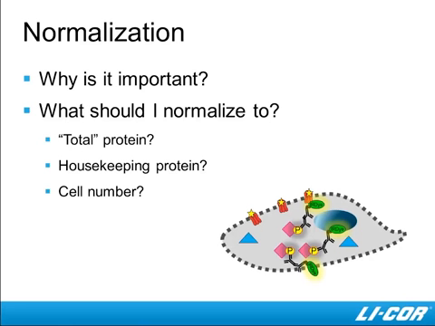The first two options are typically let's normalize to a total protein or let's normalize to a housekeeping protein. So in my example, I'm looking at a phosphoprotein. So if I had an antibody against the total protein, then I could normalize in my second laser channel to the total signal.